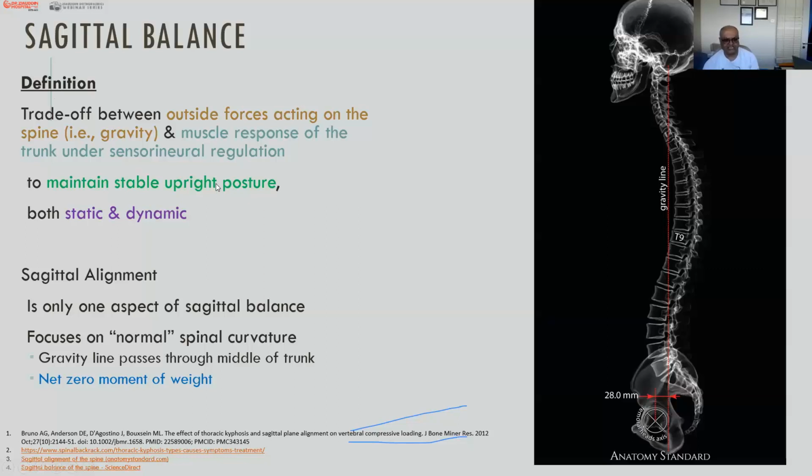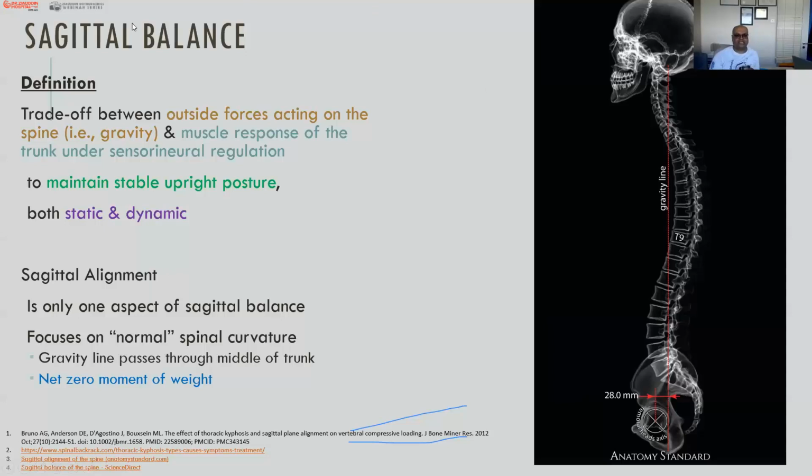Sagittal balance can be achieved by using some external forces as well. Sometimes in patients who have poorer sagittal alignment, sagittal balance can be improved with the help of a walking stick, so the net moment of weight that passes through the spinal column is zero.